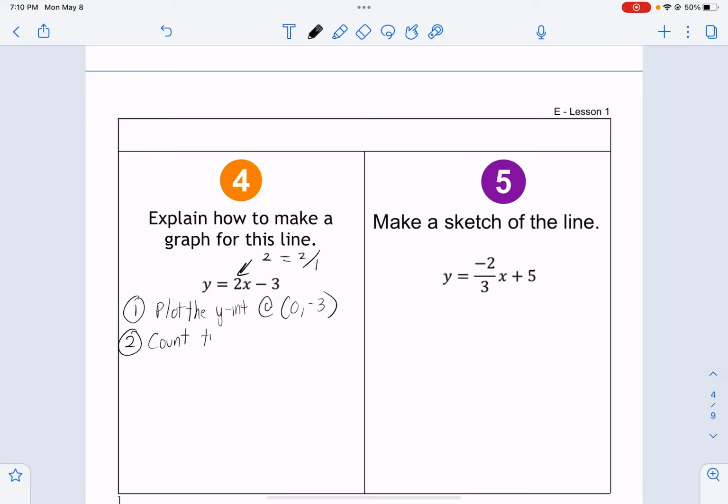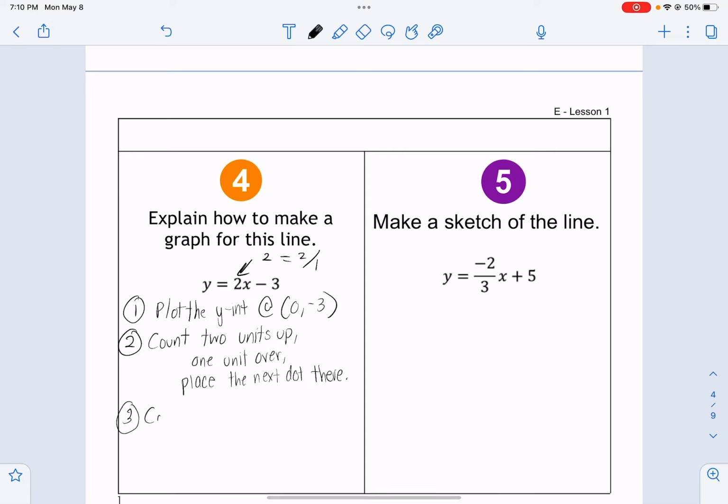So we're going to count 2 units up and 1 unit over, and place a second dot there. That will be the next point on our graph.